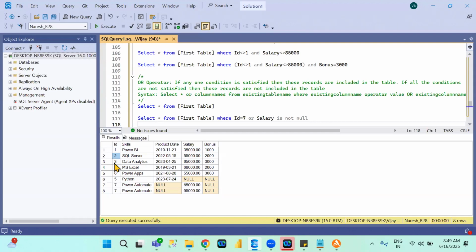Again, the first condition is not satisfied, the second is satisfied. Here the second condition is also not satisfied. That's the reason, both the conditions are not satisfied, then we cannot include that particular record. Understand or not? Did you see?